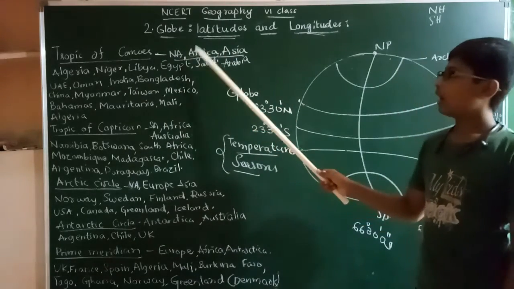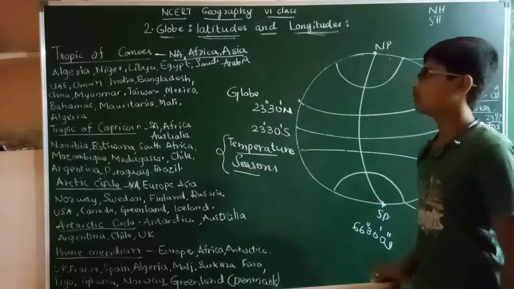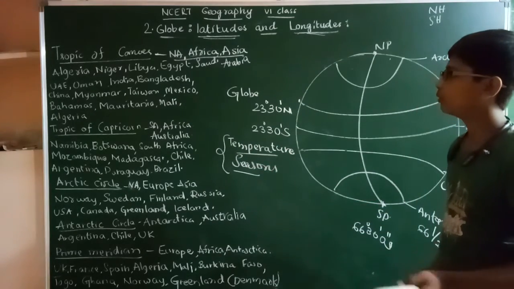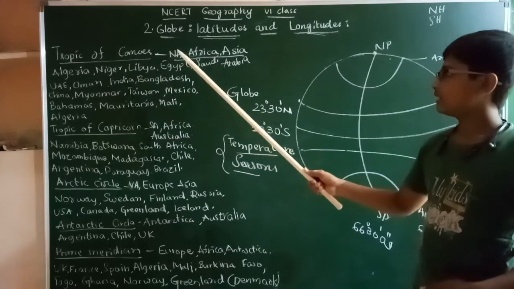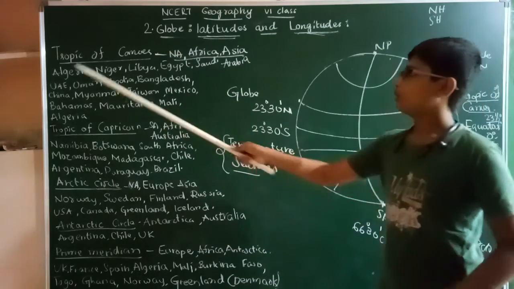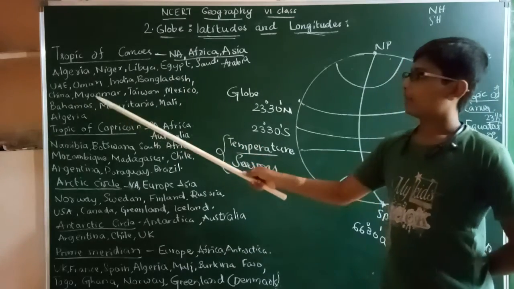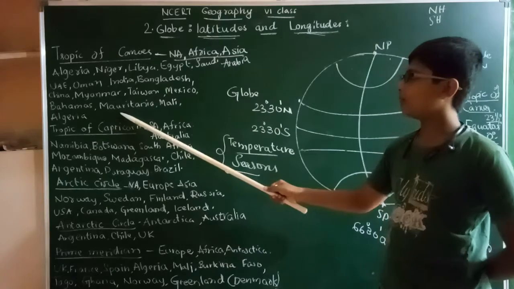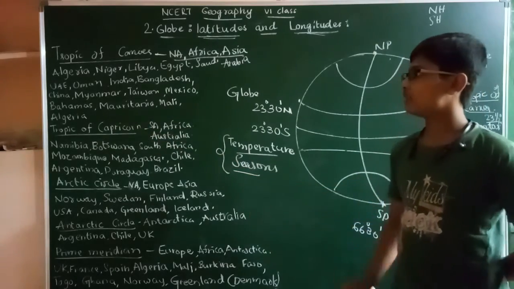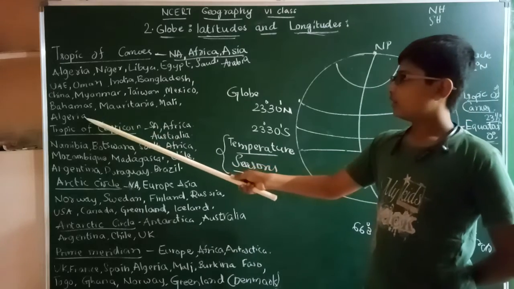Let's see the countries through which it passes: Algeria, Niger, Libya, Egypt, Saudi Arabia, UAE, Oman, India, Bangladesh, China, Myanmar, Taiwan, Mexico, Bahamas, Mauritania and Mali. Algeria was repeated.